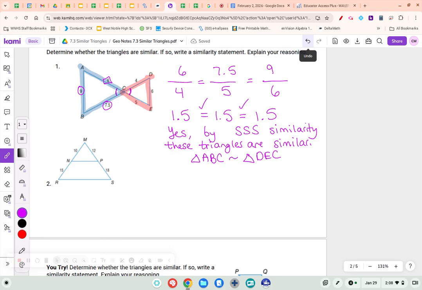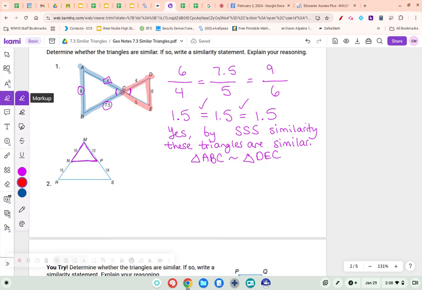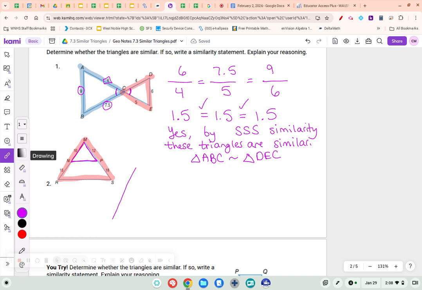Okay, this next one might look a little bit confusing. We actually have two triangles in one. We've got this triangle, and then we've got our overall triangle. I'm actually going to redraw the overall triangle to help us out. Because the overall triangle, we're actually going to have to do some addition. We're going to have to take 15 plus 10 and get 25.